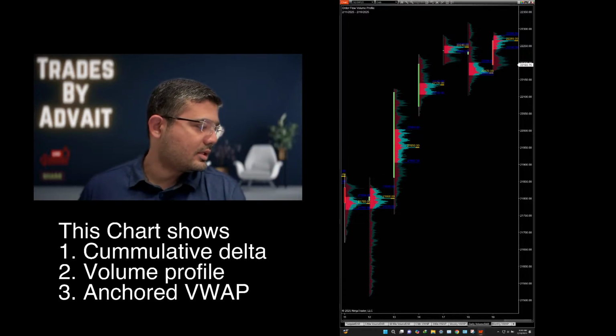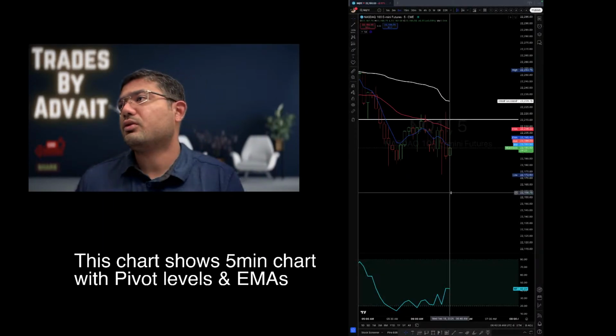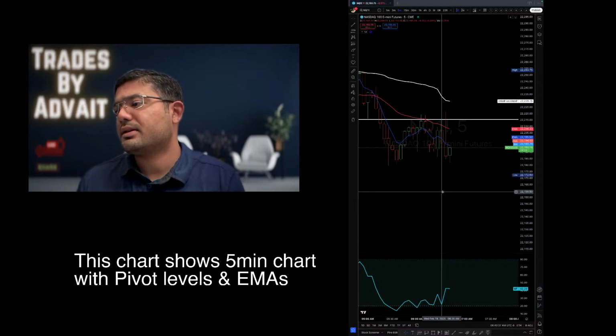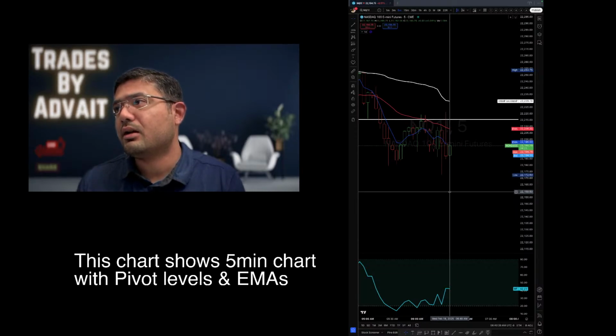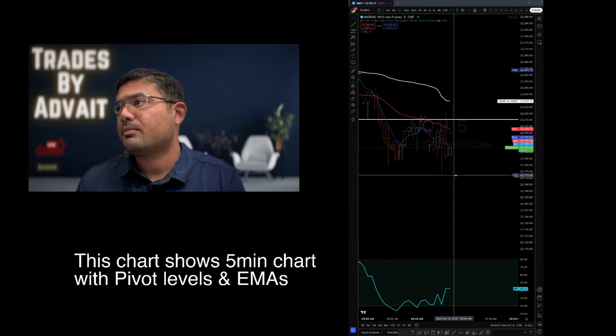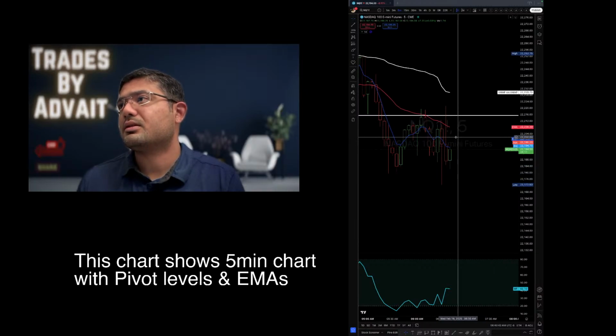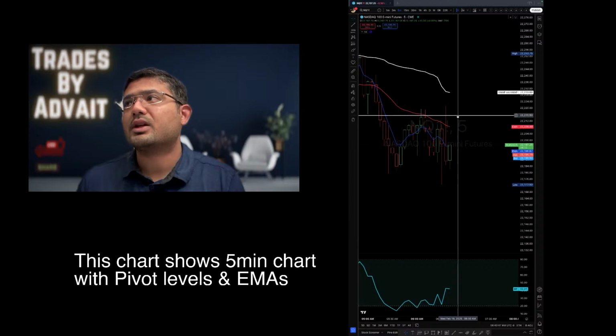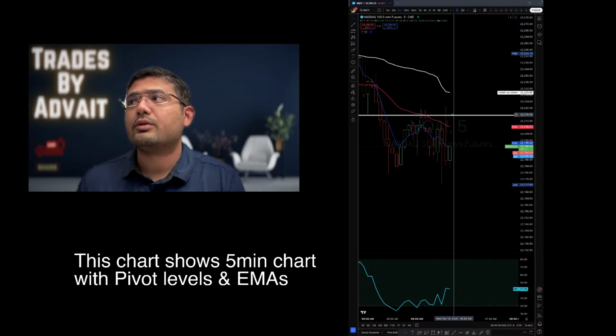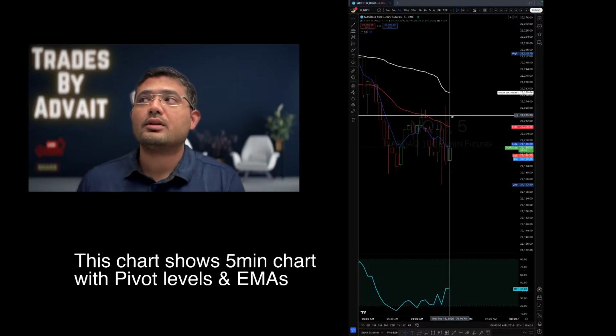And now let me switch over to, okay, so this is the start of the third 5-minute candle, and I'm prepared to draw my ranges. And so far the thesis is the same, bearish, because we are still below the pivot level.